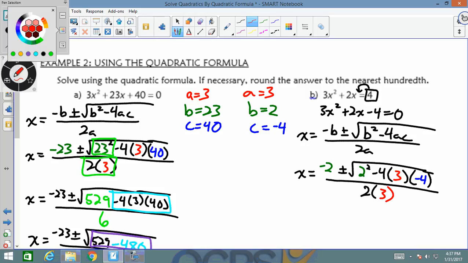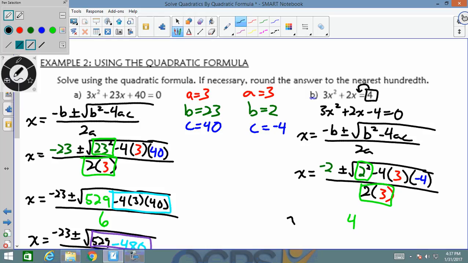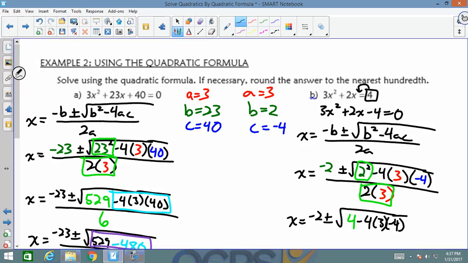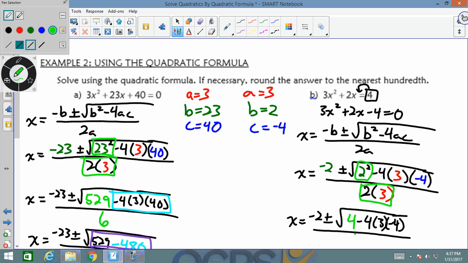Okay, again, we're doing these two together, so that would be 4. So x equals negative 2 plus or minus the square root of 4 minus 4 times 3 times negative 4 all over 6.